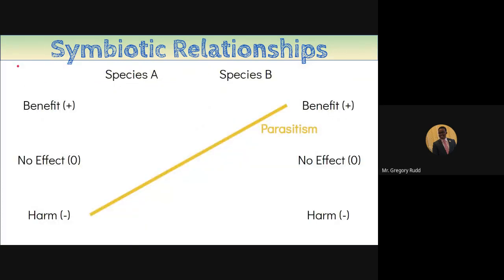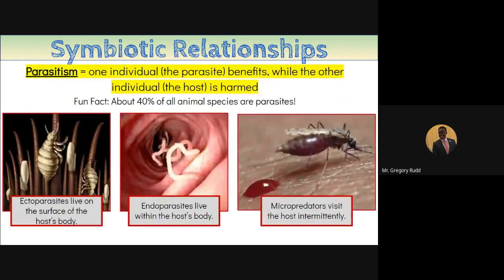And then there's parasitism, in which one organism called the parasite benefits, while the other organism, which is called the host, is harmed. Believe it or not, approximately 40% of all animal species are parasites.